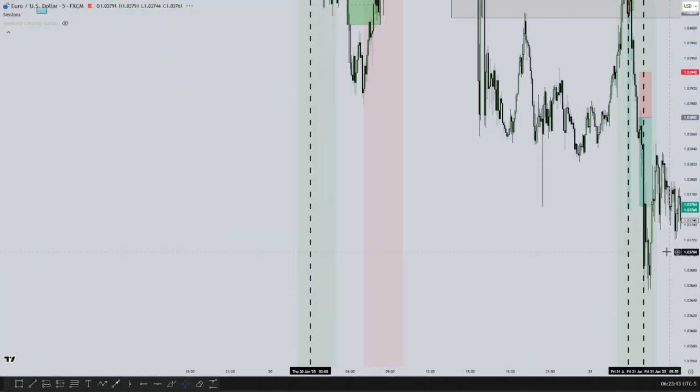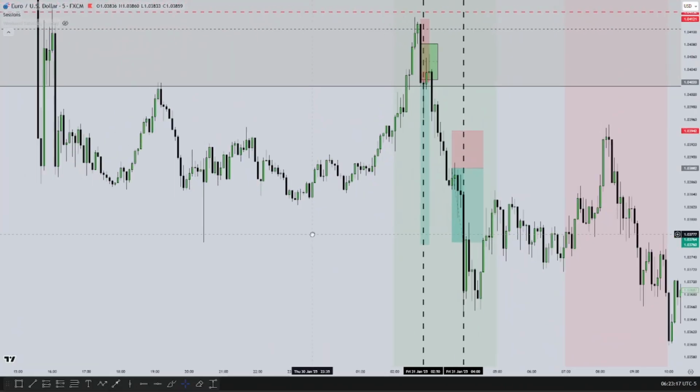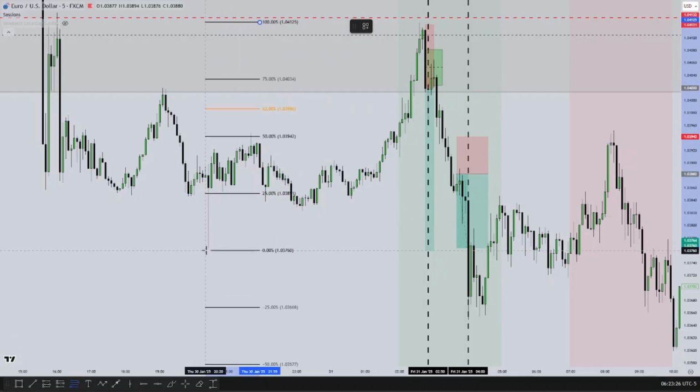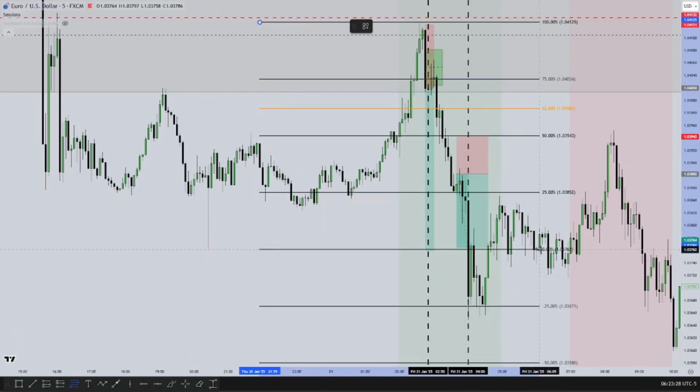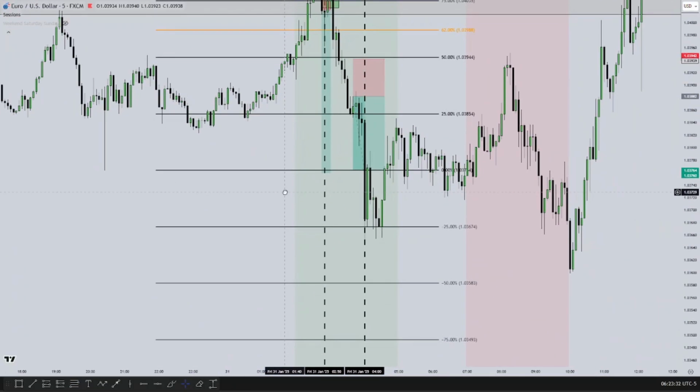Remember, you can still use your standard deviation to measure for more targets. If you're still anticipating price to trade lower, you just measure from the swing high to the swing low, with the 100% mark as your overall target.